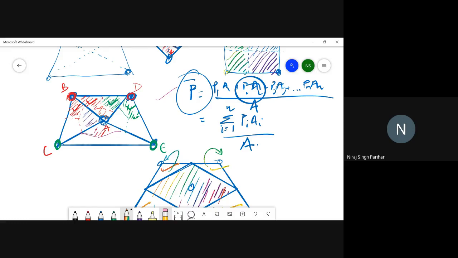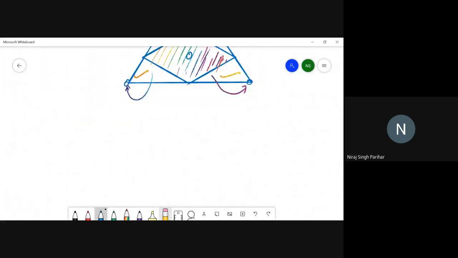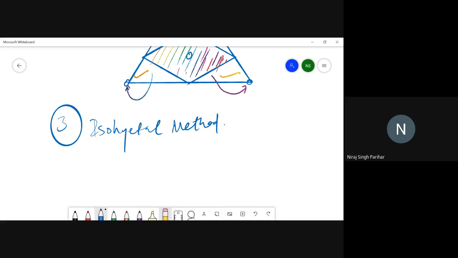Now we come to the next method, method number 3, which we call the Isohyetal method. Okay, anyone knows what is isohyet? Anyone has any idea what are isohyets?